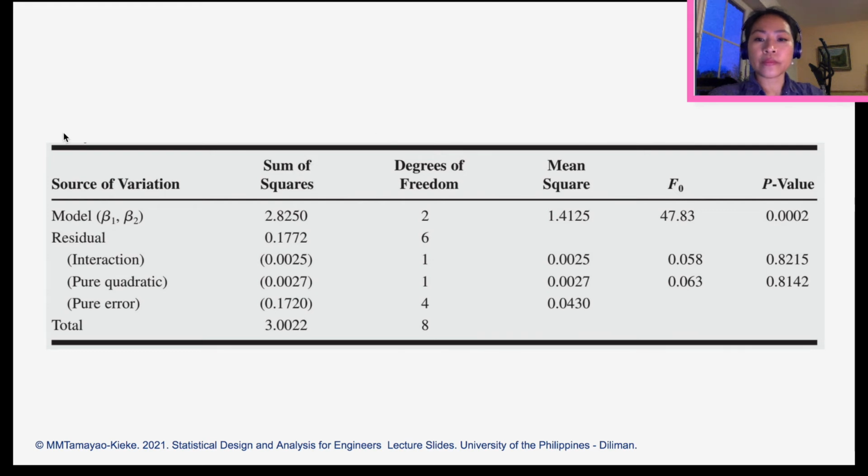The analysis of variance is summarized in this table. As you can see, the interaction as well as the pure quadratic are not significant based on the p-value, but the model is significant. So the model is significant and a first order model is still adequate.